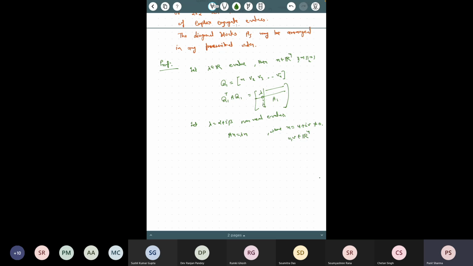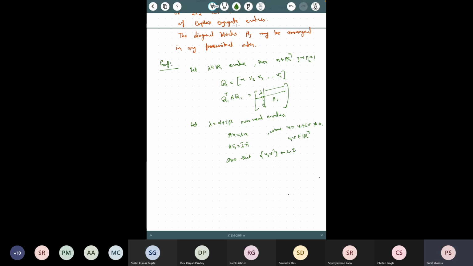Now you can verify that since eigenvalues appear in pairs, if Ax equals lambda x, then taking the bar, it would be A x bar equals lambda bar x bar. So lambda bar is also an eigenvalue, and you can verify that x and x bar are linearly independent in this case. Or you can say that you show that u and v are linearly independent.